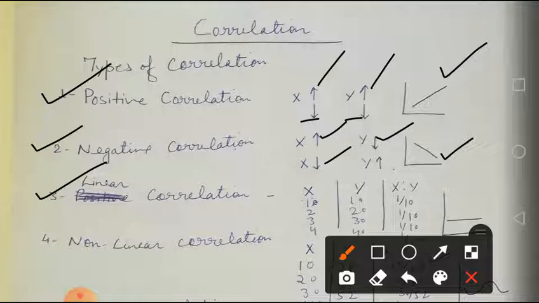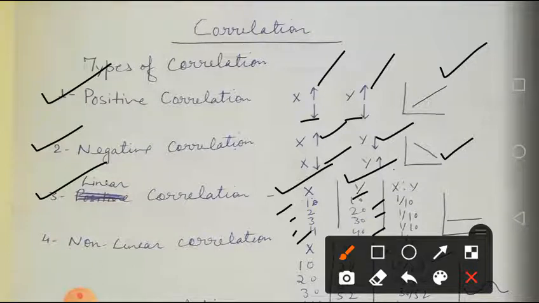In this type of correlation, when the value of one variable is given, we also check the value of the second variable. You can see in this example, we have x variable and y variable. We have assumed the x variable as 1, 2, 3 and 4, and the y variable as 10, 20, 30 and 40.